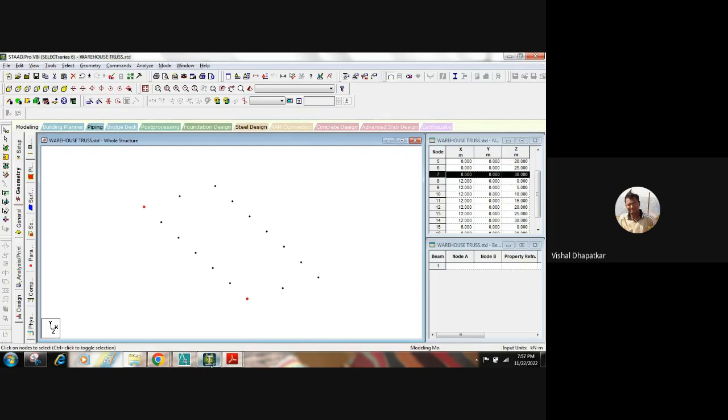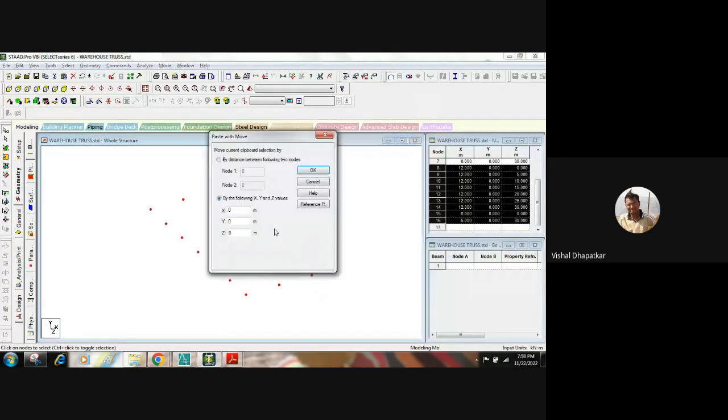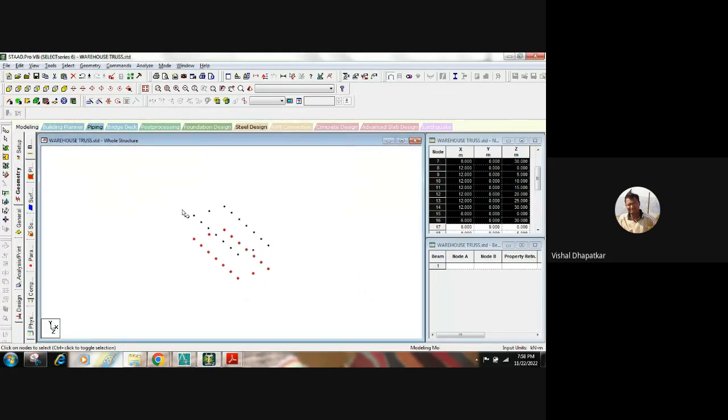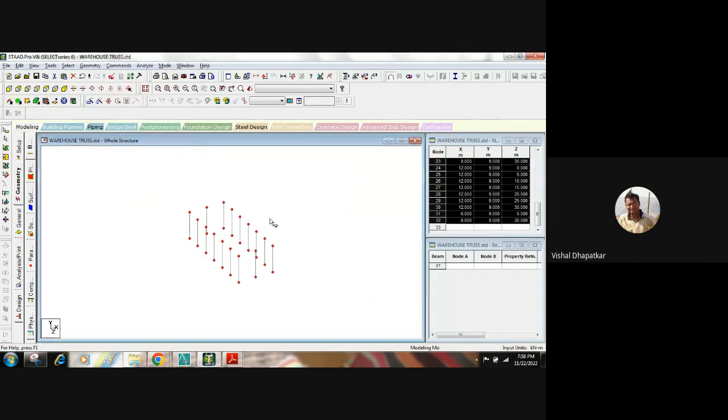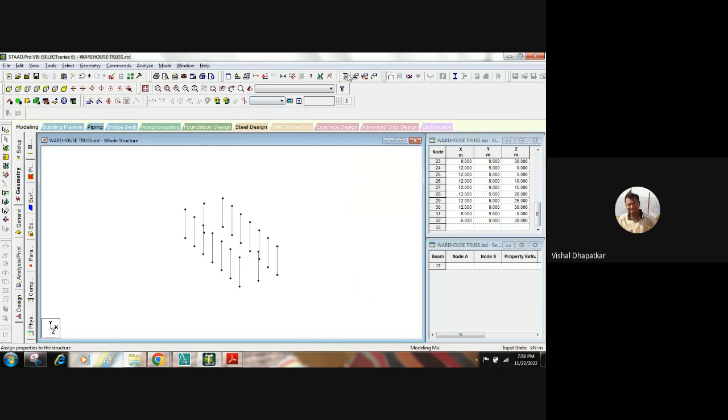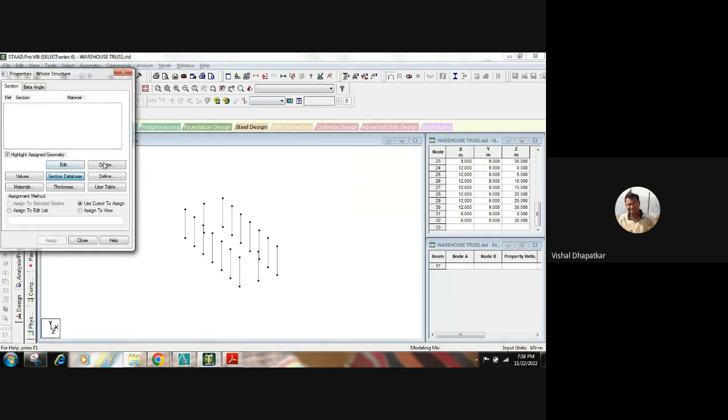Okay, so now, I'll just take this column to meter. So this is our main structure. I'm just going to assign some columns exercise.